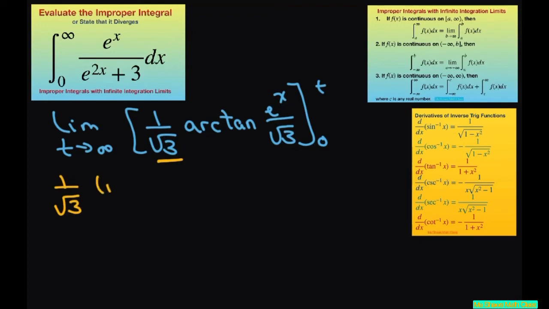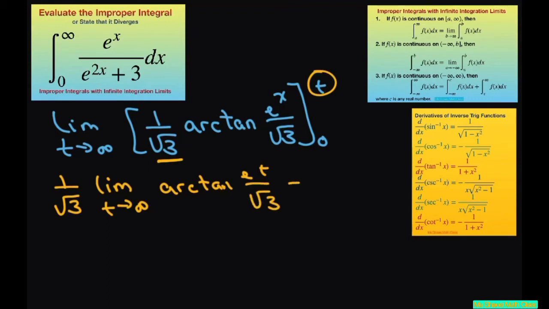And then we have the limit as t approaches infinity of arc tan of e to the t, sorry, divided by square root of 3 minus arc tan. I'm used to writing the inverse tan.